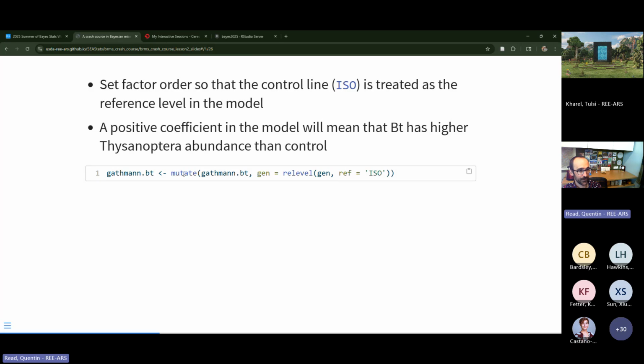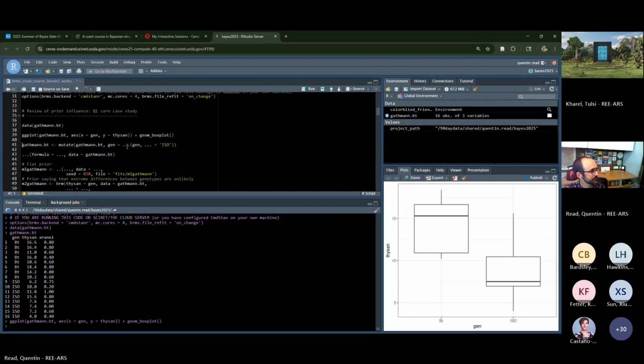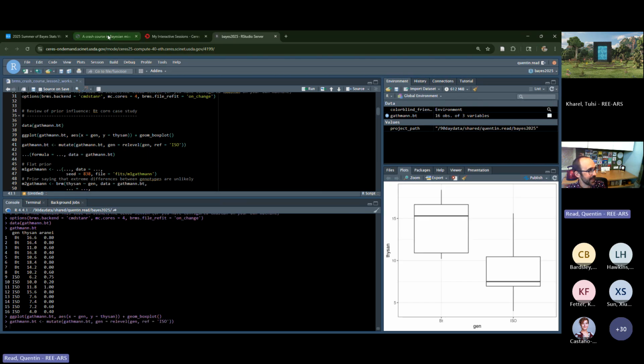We're going to use the mutate function, which changes the value of a column, and we're going to use relevel with ref equals ISO, so that ISO is the reference, or intercept, level. Control Enter. So that's just setting that.